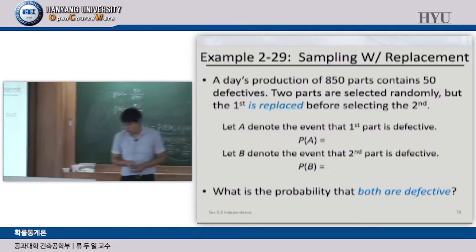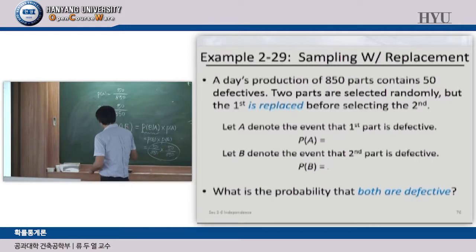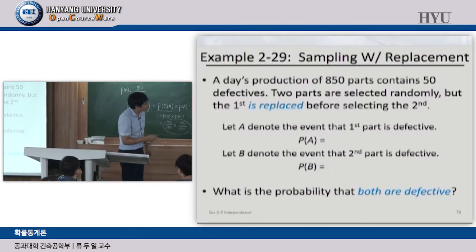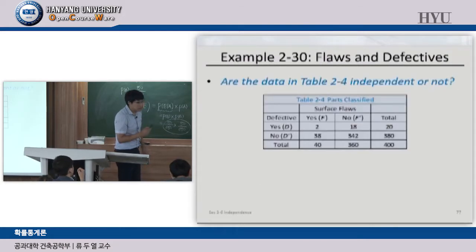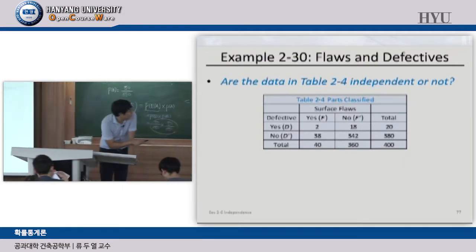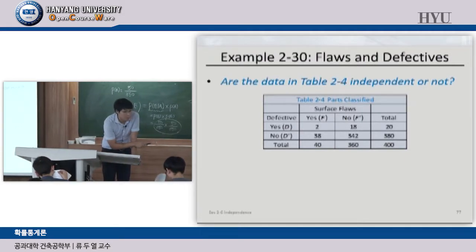So we can apply this independence rule to calculate some examples when we know about the independence of two events, okay? And this is another example. Are the data in table 2-4 independent or not?